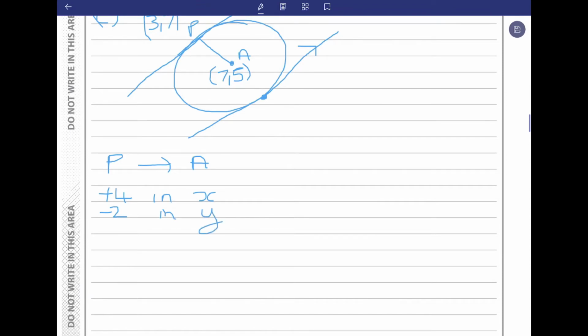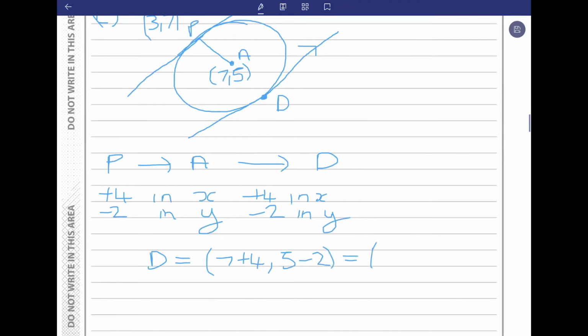Now let's call this point D. As these vectors are parallel, we can do the same thing to get to D: plus 4 in x, minus 2 in y. So to work out D, we just need to do 7 plus 4, 5 minus 2, which equals 11, 3. That's the point D, and it's a point on this line.